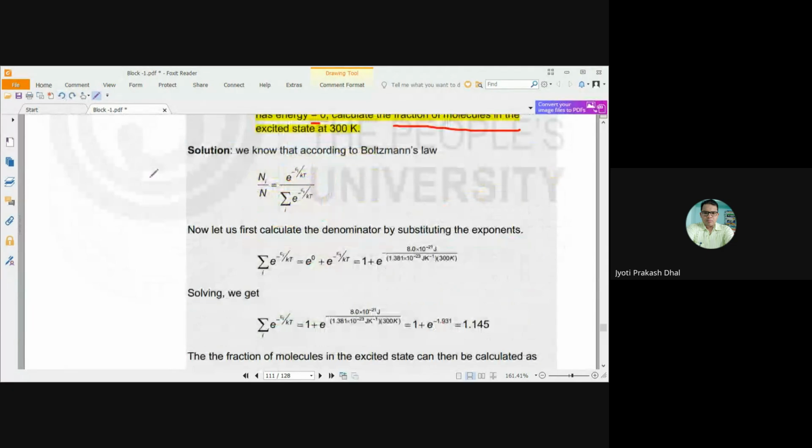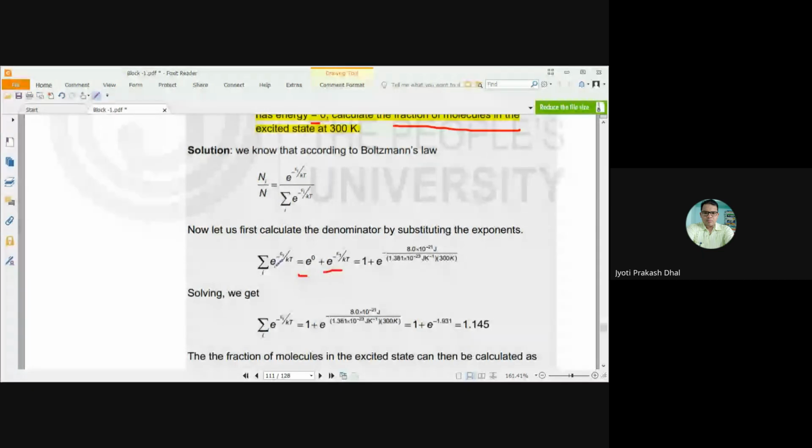The denominator can be solved by substituting the values. Here the denominator is nothing but the summation of e to the power minus epsilon i by kT, which equals e to the power 0 plus e to the power minus epsilon 1 by kT. Why is the first term e to the power 0? Because here we are considering the ground state and the first excited state, and for the ground state the energy is 0.